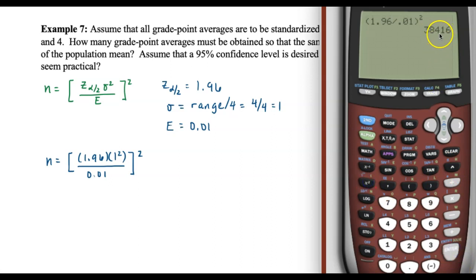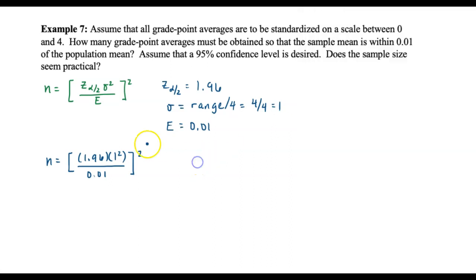And this will give us 38,416. This is already a whole number. And so this is our minimum sample size to get a 95% confidence level.